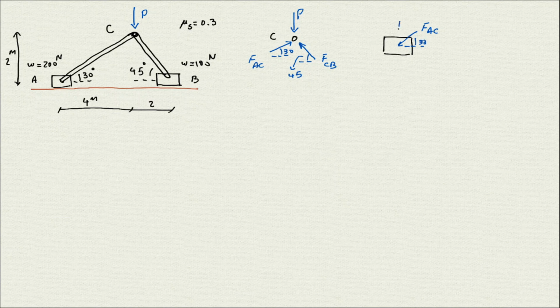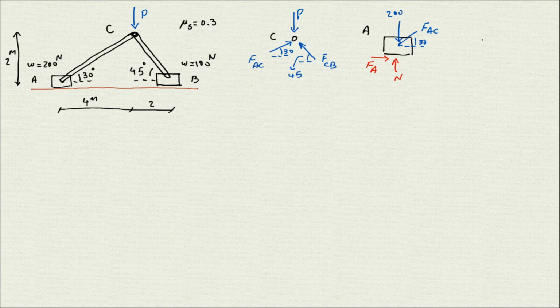And then we have the weight, which is 200 newtons. And then we have the reaction, which is going to be FA. We know that if the A is going to move, it's going to go to the left. So the FA is going to be to the right. And then we have the N there. So that's the block A.